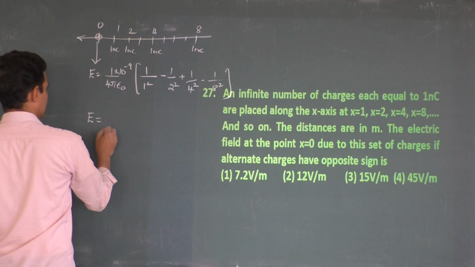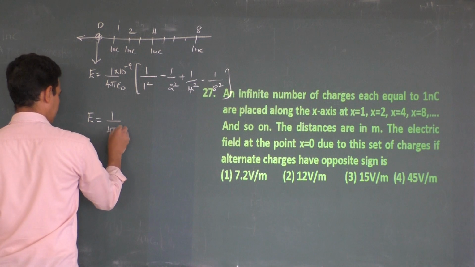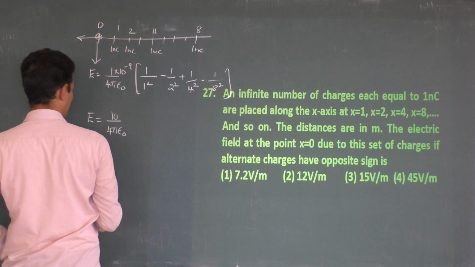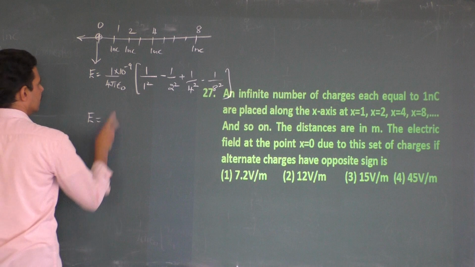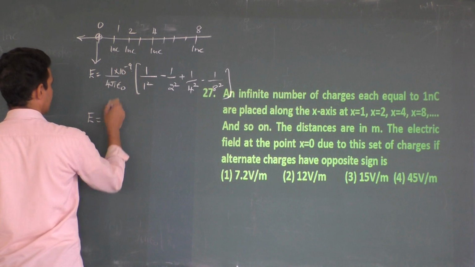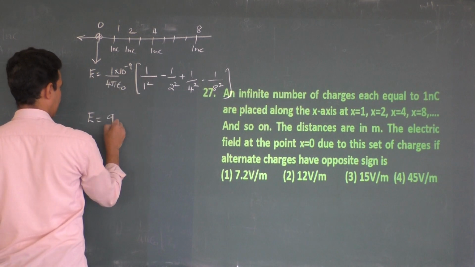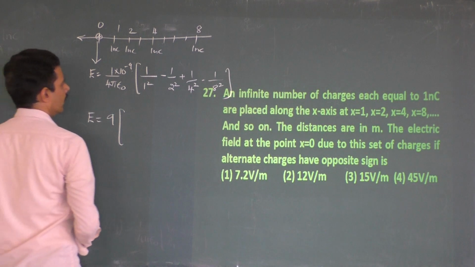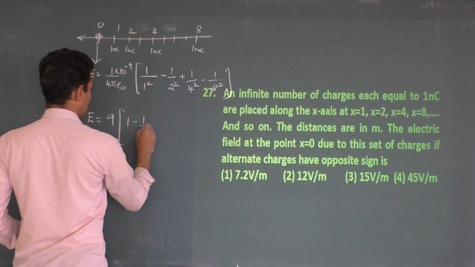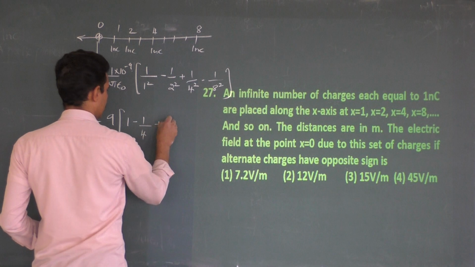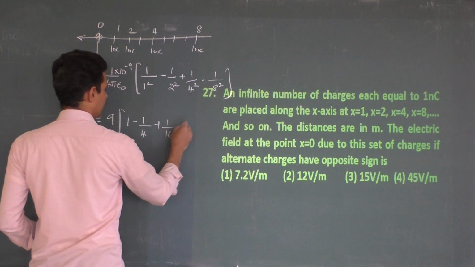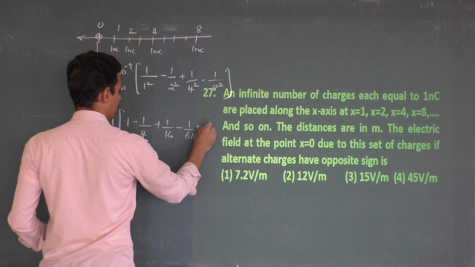Electric field E is equal to 1 by 4 pi epsilon naught, 9 into 10 to the power 9, 10 to the power minus 9, 9 into 1 minus 1 by 4 plus 1 by 16 minus 1 by 64 plus so on.